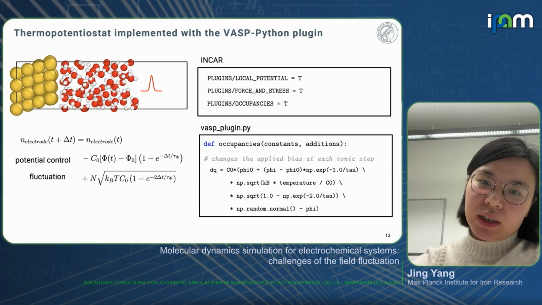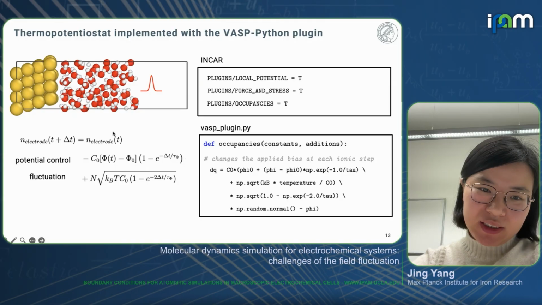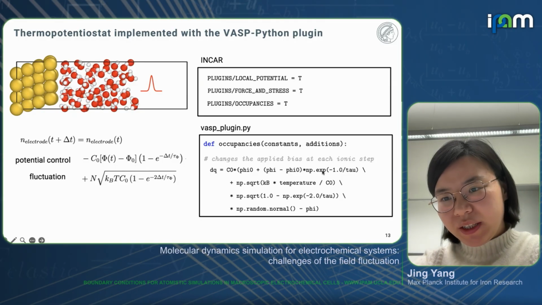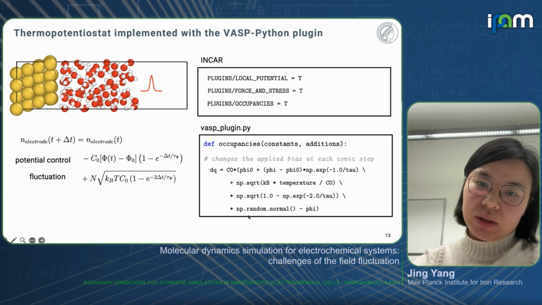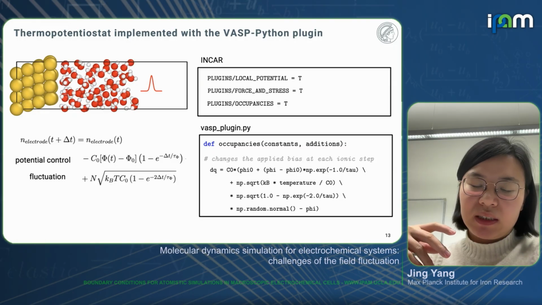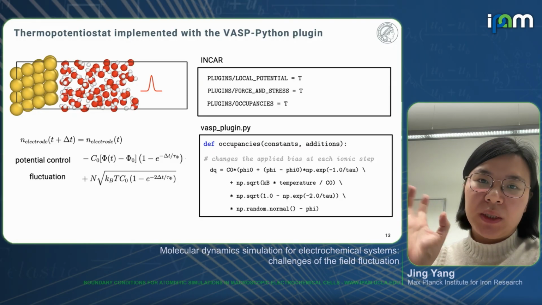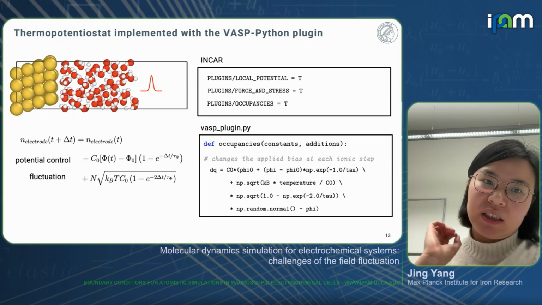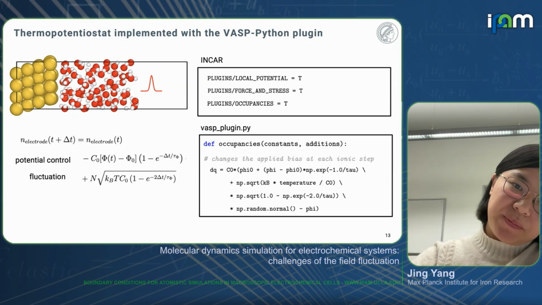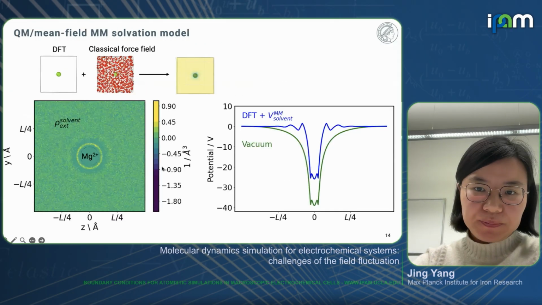And in this function, you can change the applied bias, which is basically translating this equation for the electrode charge into this Python function. And then this function would update the applied external potential at each MD step. And therefore, you can do any kind of potential control that you want in an AIMD simulation very easily and also with great flexibility.